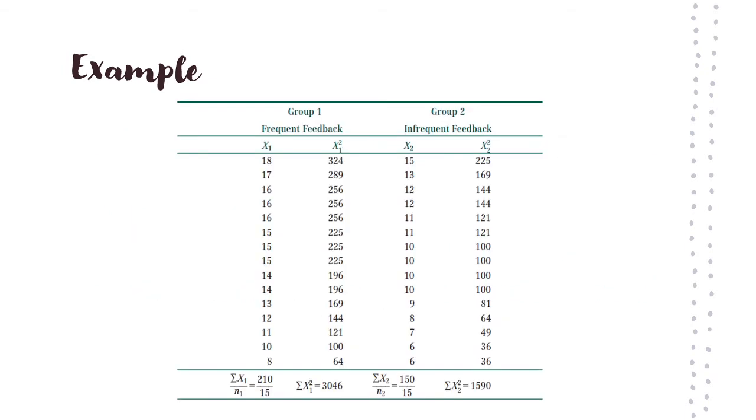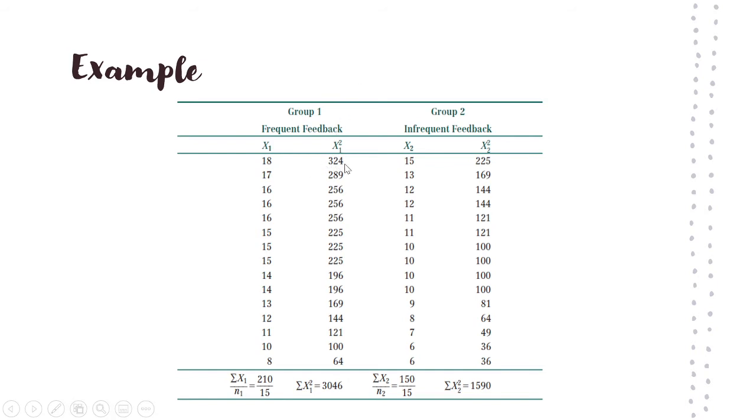So this is the table of the scores and the feedback of each group. These are the scores of those with frequent feedback. There are, I believe, 15 of them. The summation of scores is 210, and the number of items is 15 in the first group.